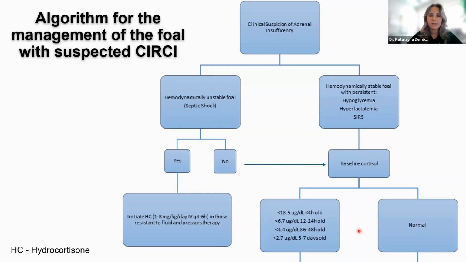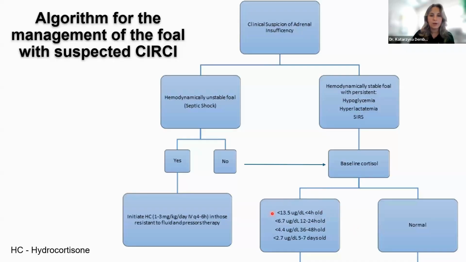However, if the foal is otherwise hemodynamically stable, but has persistent hypoglycemia or high lactate after fluid therapy, has evidence of SIRS, fevers, then we can measure baseline cortisol. And then in terms of the normal ranges for cortisol, we have some data on what the normal baseline cortisol should be based on the age of the foal.